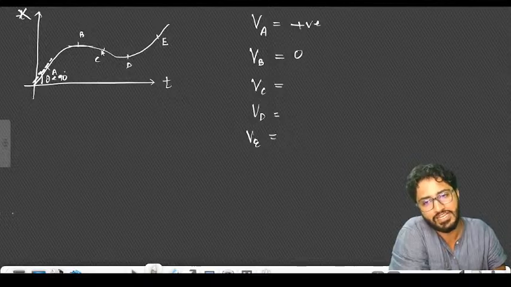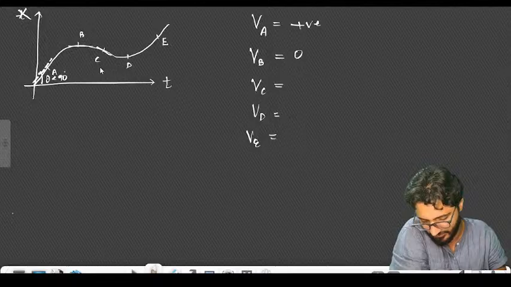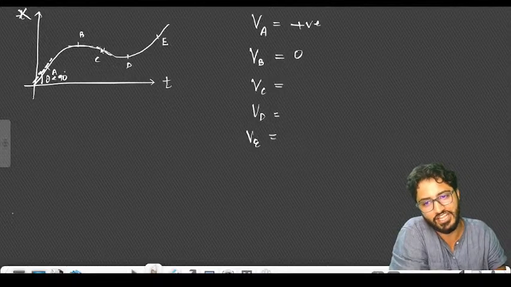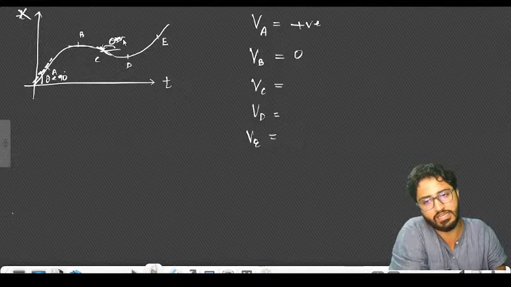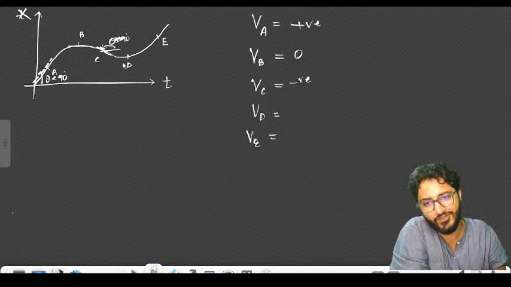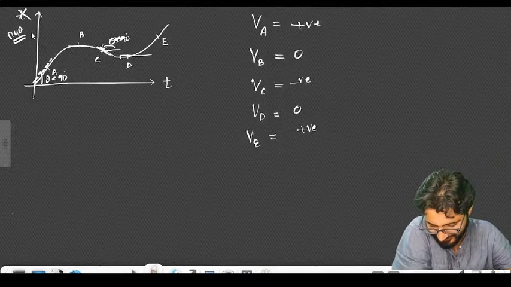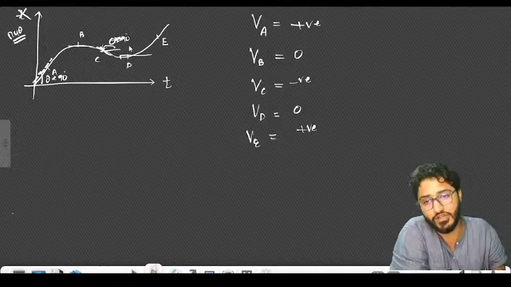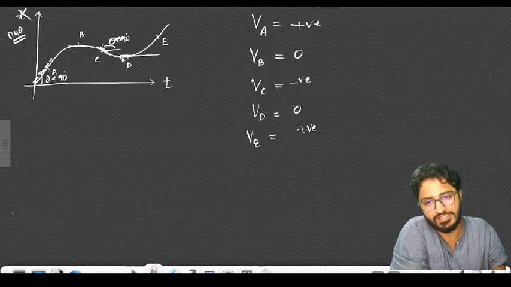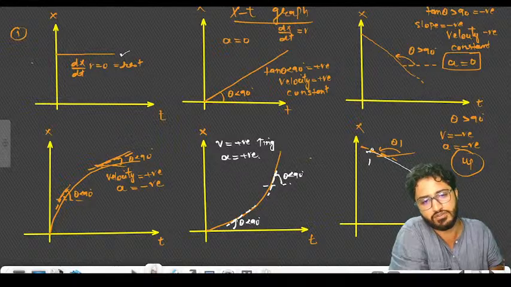Now C. The tangent at C is more than 90 degrees, so negative. Perfectly. What is D? Sir, zero. What is E? Positive. This is a PYQ. D is zero because you can find this line is a straight line. Straight line means zero.